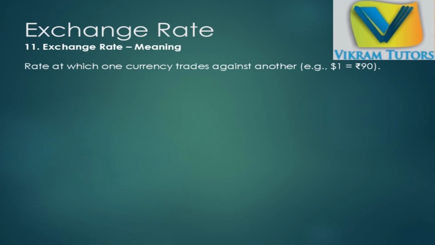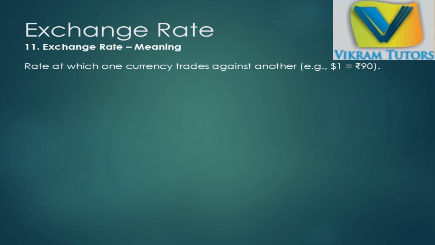The exchange rate is the value at which one currency can be exchanged for another. It determines how much of one country's money you need to obtain a unit of another country's currency. For example, if the exchange rate between the US dollar and the euro is 1.10, it means that 1 US dollar is worth 1.10 euros.